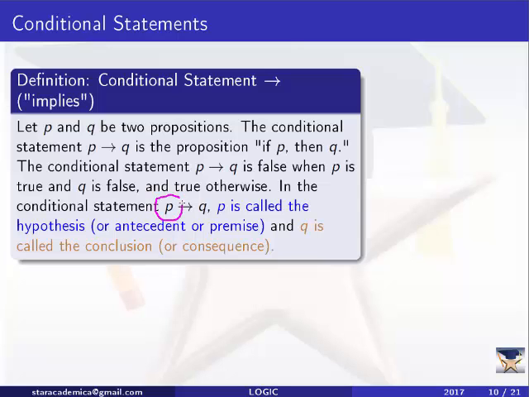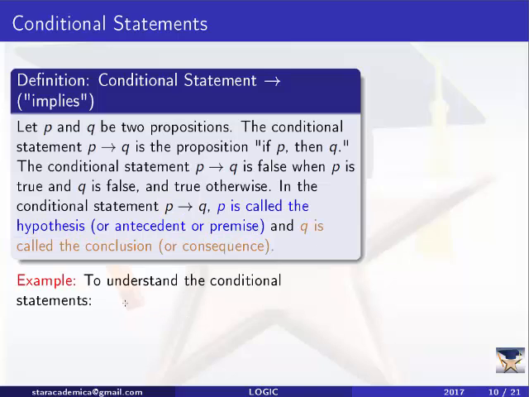So the first proposition is called hypothesis or antecedent or premise. Okay, so this is given, and the result is Q, which is called the conclusion or consequence. Now this is very, very important in mathematics. We'll be using this in the future a lot.